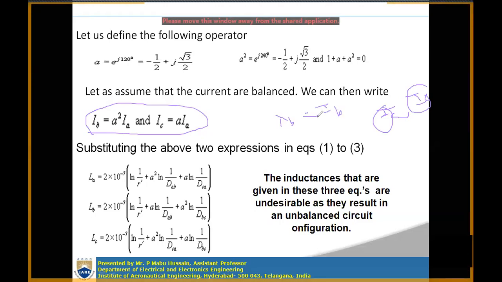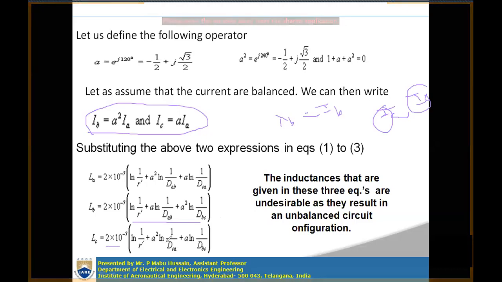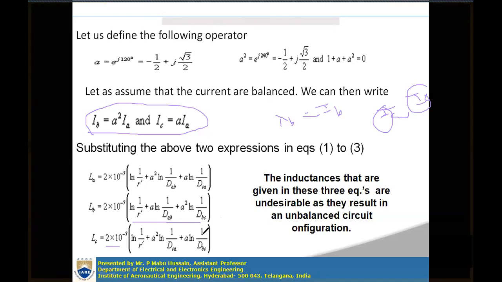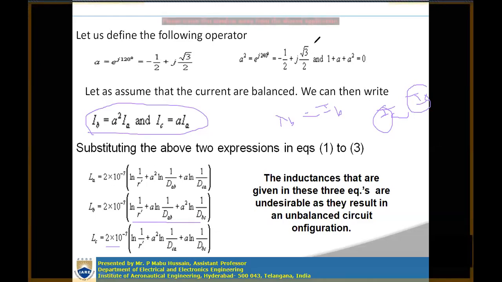Then you will get IB as common, and the final expression will be this one for inductance, which is a ratio of lambda B by current flowing through the conductor, which is IB. Similarly you do for conductor C. Then what you will get finally is 2 into 10 power minus 7 ln 1 by R dash plus A square ln 1 by DCA plus A into ln 1 by DBC, right? You will get like this.